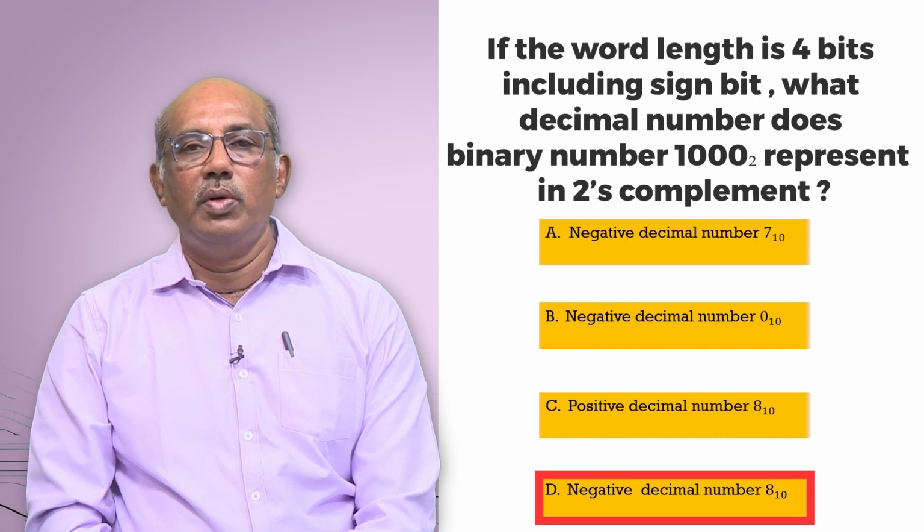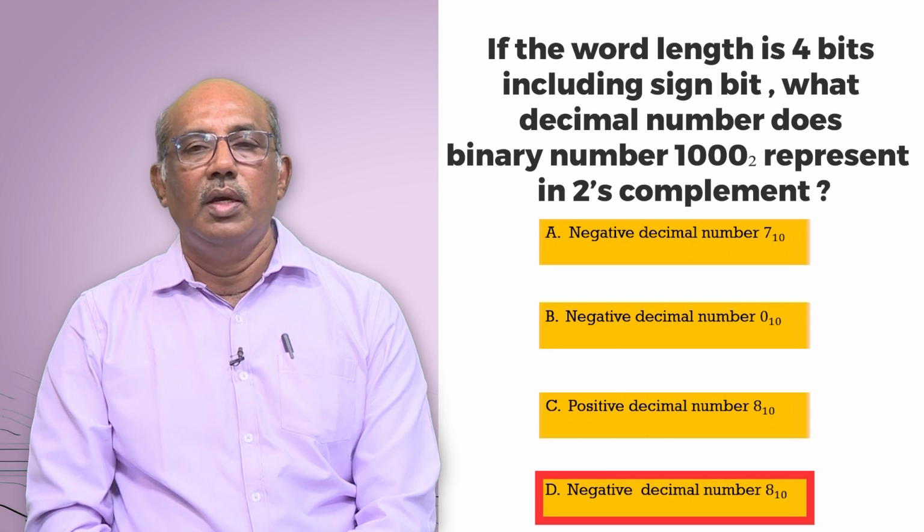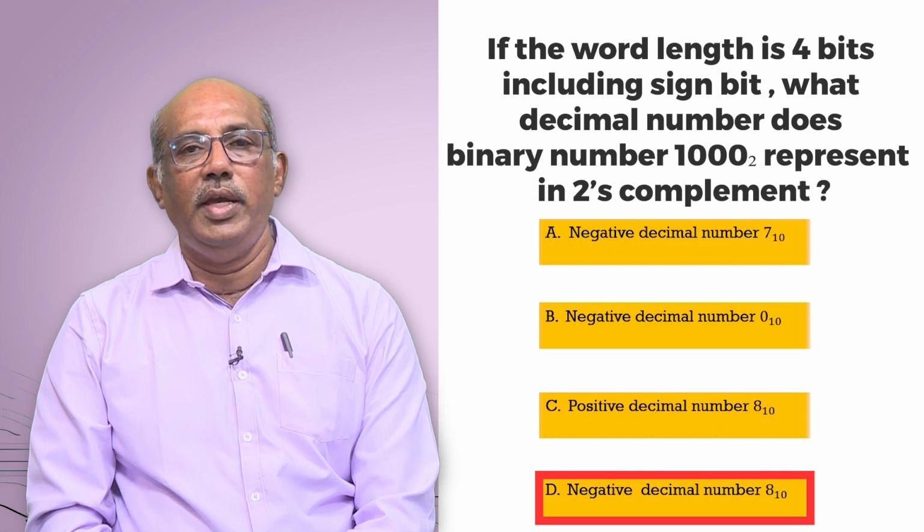That means you can represent a decimal number between minus 8 to plus 7. Here we are using 4 bits, so it represents the decimal number 8 with the negative sign. Therefore, the right answer is option D.